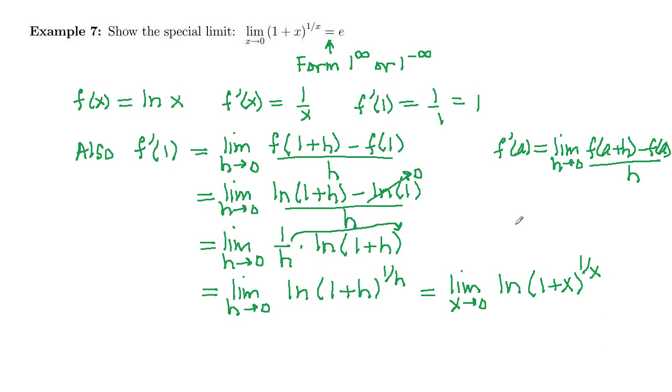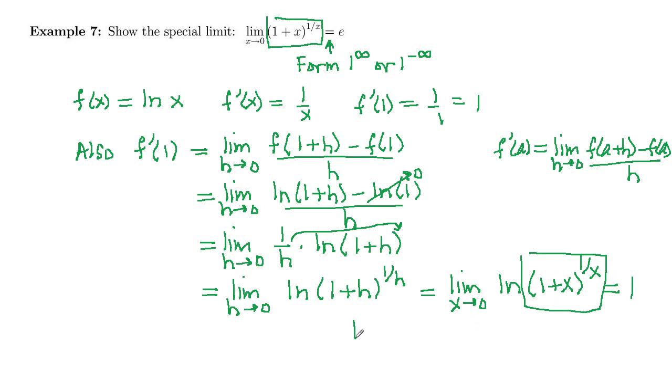And what we know is that that's got to be 1, because we know what the derivative function is for natural log. So we'll look at this right here. That's the limit that we want to show is e. And what do we know? Well, we know the log of that is 1.